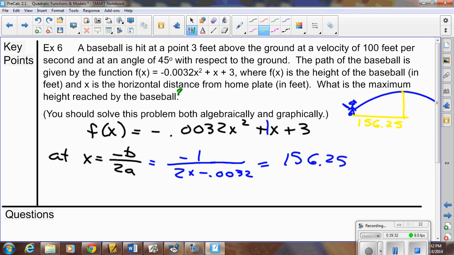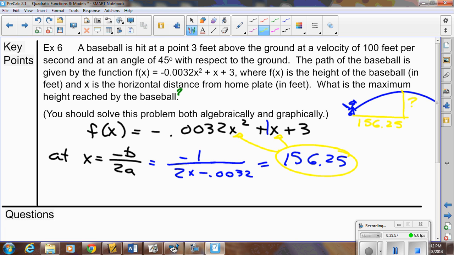But we want to know how high is that maximum peak. We could do some trigonometry to figure that out, because we know it was a 45-degree angle, we know it had a height of 3, but more generally, it's easier just to say, this is x. Plug in x into the function. If we did the substitution, we'd have our answers.